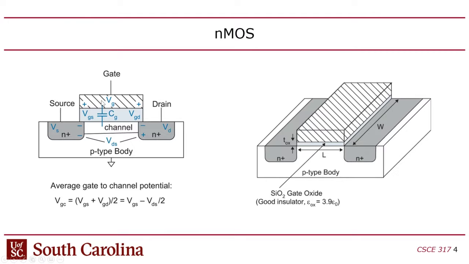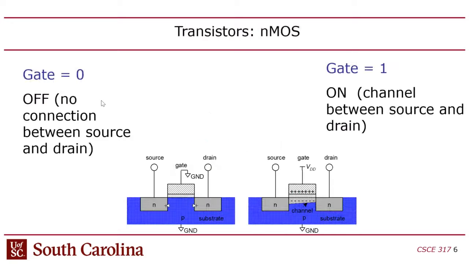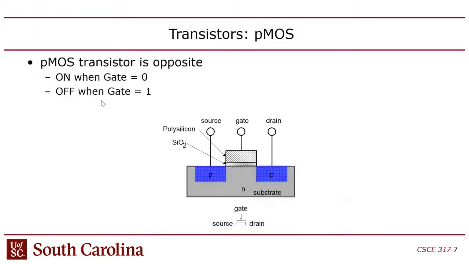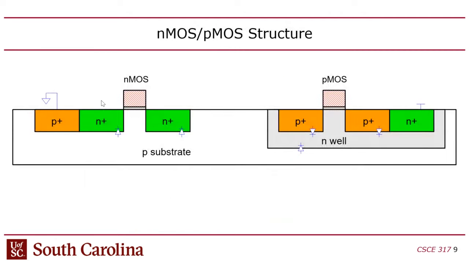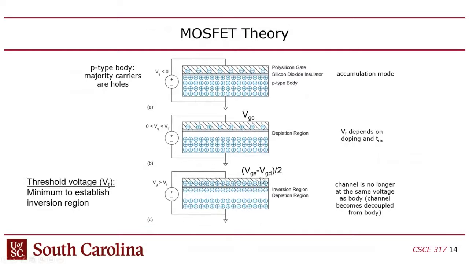But when you turn on the transistor by having the gate voltage exceed the threshold, it creates an inversion region in the channel, which are the minority charge carriers. When that inversion region is created, then the gate voltage is relative to the source.